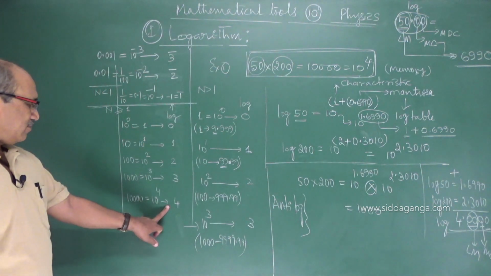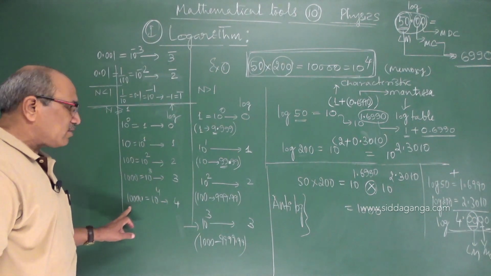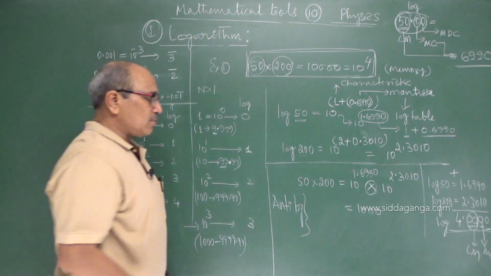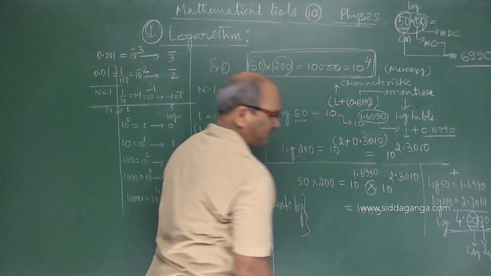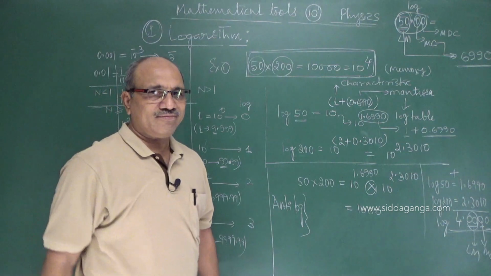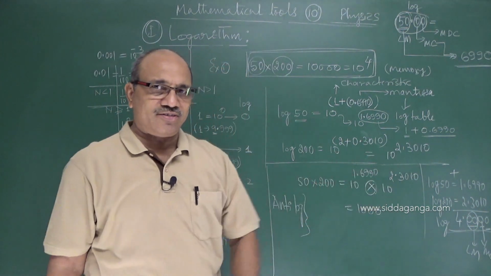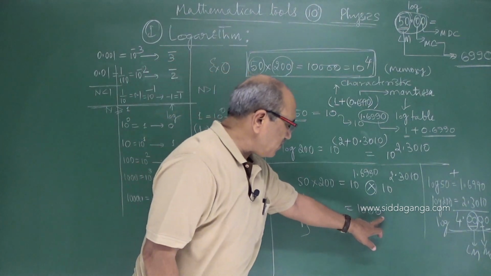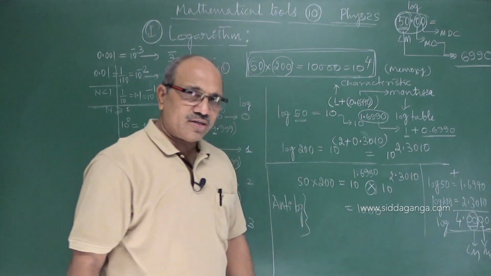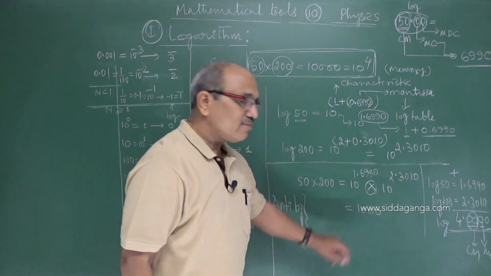See, you are clear. A characteristic of 4 means it should have 10,000. Anti-log is an inverse function of the logarithm. What we did in the logarithm, we have to reverse. If I write 1000, how many digits are there? 4. What is the log?